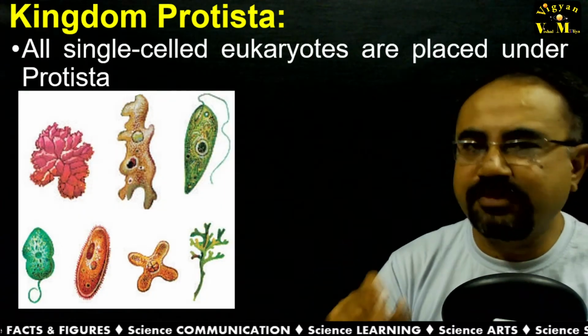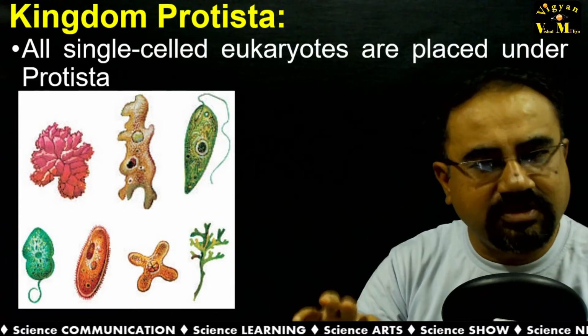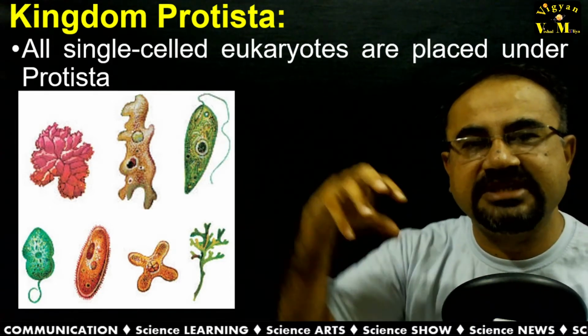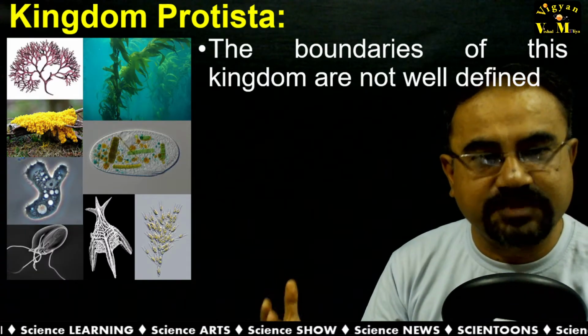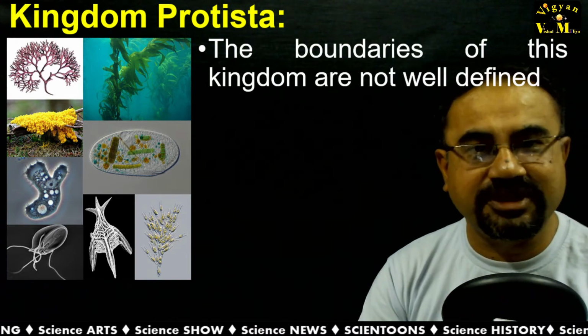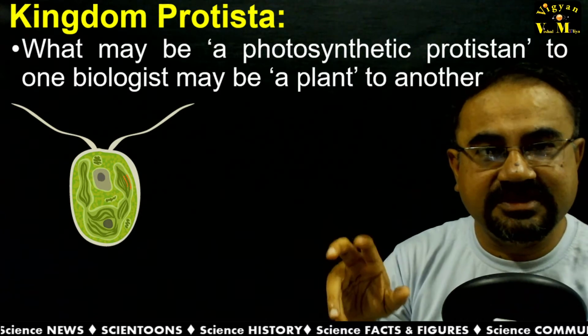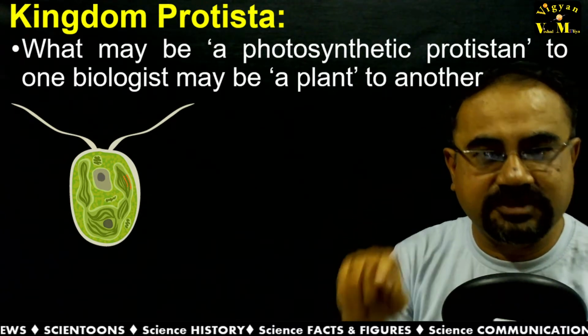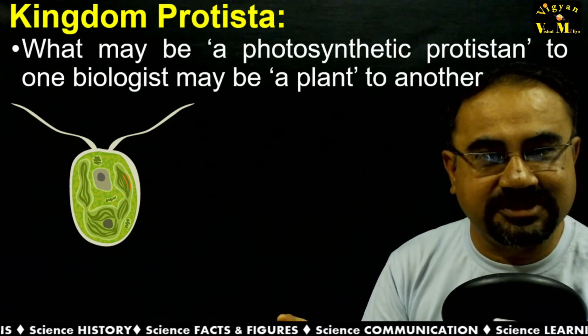Kingdom Protista has single-celled eukaryotes, and all single-celled eukaryotes are placed in one kingdom, that is Protista, and that's why there is no specific boundary. There is no well-defined boundary for the kingdom Protista. What is a mixotroph for one biologist can be a photosynthetic protistan for other biologists.